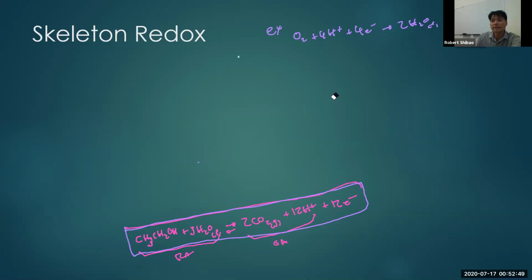This is going to be gaseous oxygen here as the oxidizer. And so when I combine these two, I'm going to have to multiply these by some number so that the electrons match. Here I got 12 electrons, I only have 4 electrons here. And so in this particular case, I will multiply the top one here by 3. So that gives me 3 oxygens, 12 H+, 12 electrons.